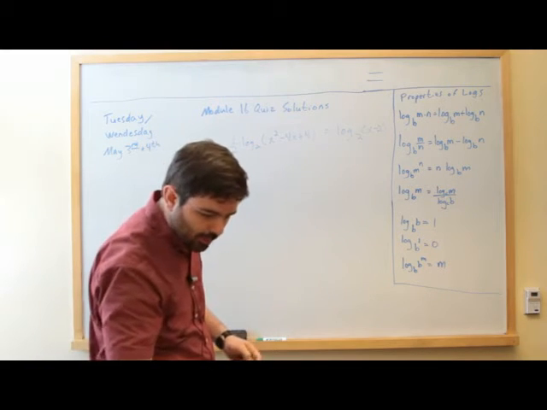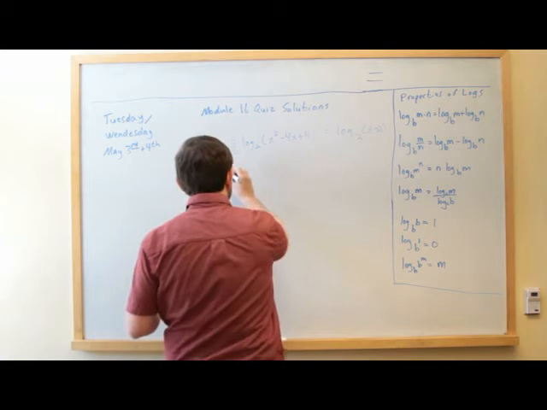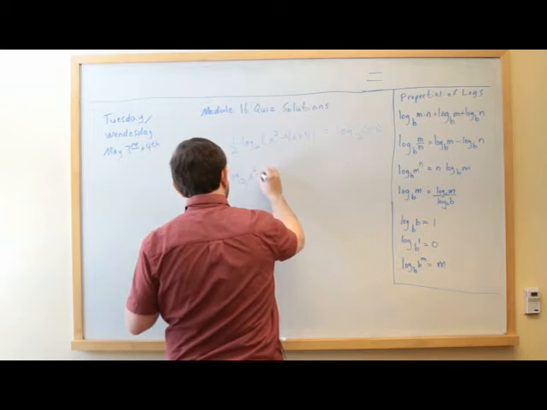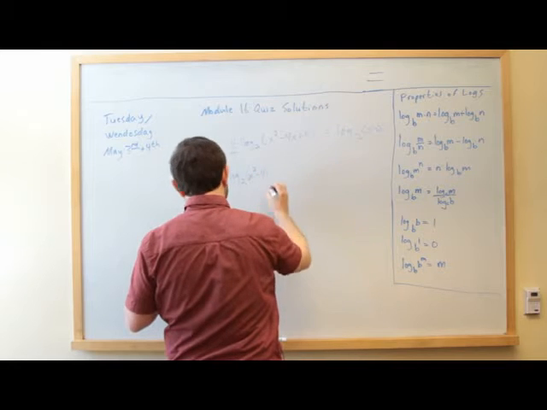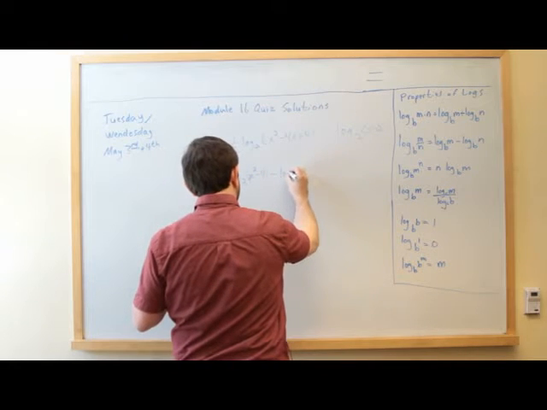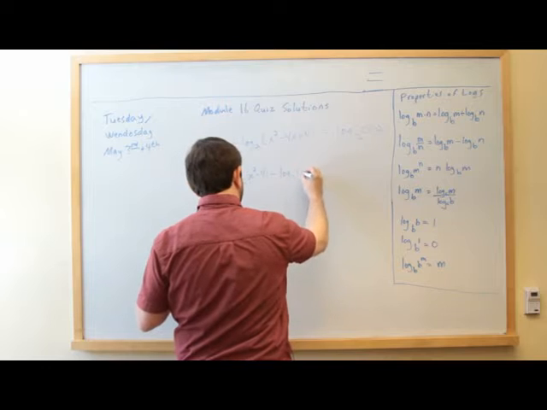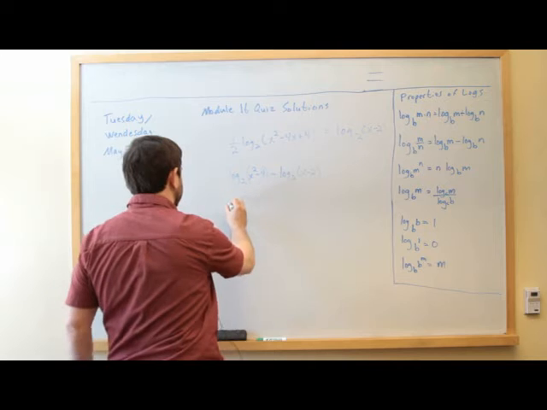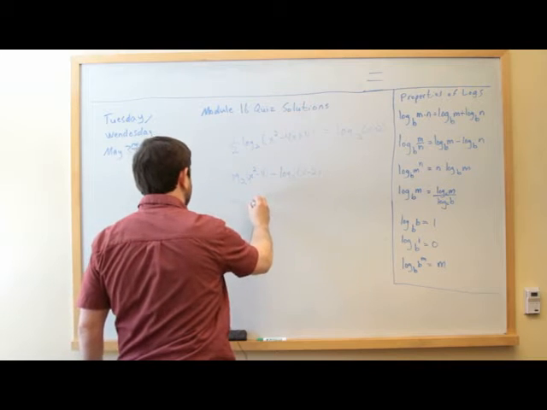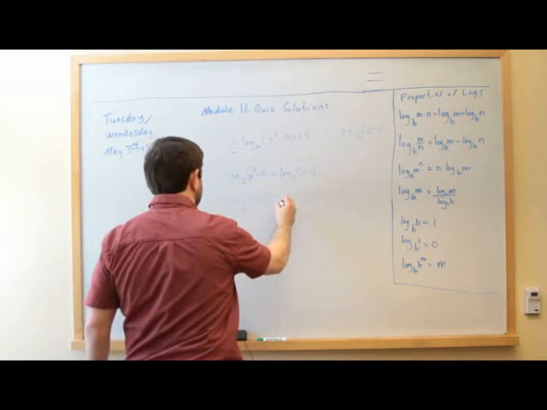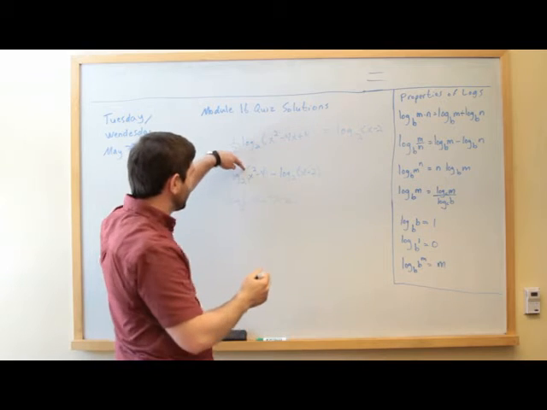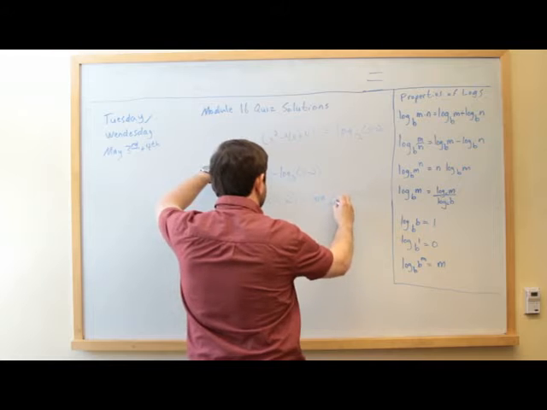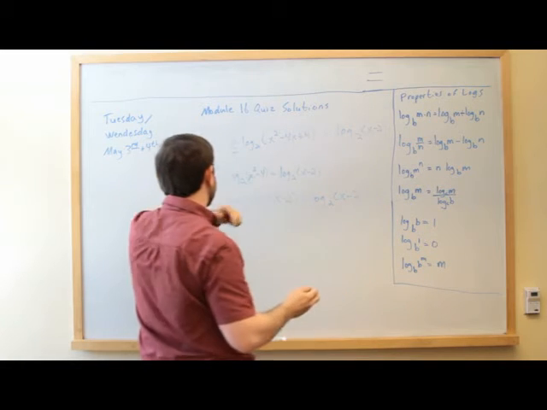Okay, our first one we are going to test is log base 2 of x squared minus 4, difference of perfect squares, minus log base 2 of x minus 2. Okay, log base 2 of x plus 2, x minus 2, that's how we factor a difference of perfect squares, minus log base 2 of x minus 2.